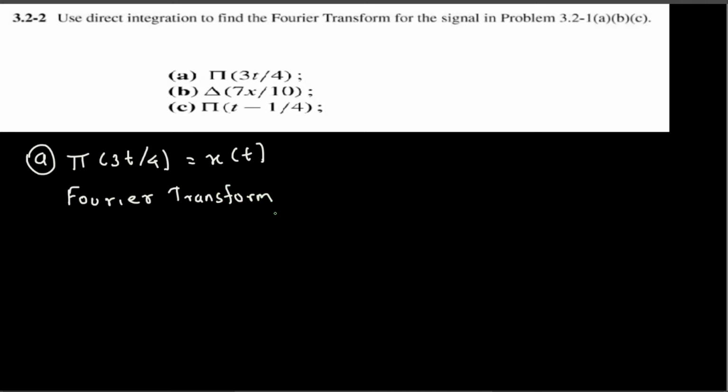Let's say the Fourier transform is X(omega), taking it in terms of angular frequency. Then the equation is the integral from negative infinity to infinity of x(t) multiplied by e to the power minus j omega t dt.